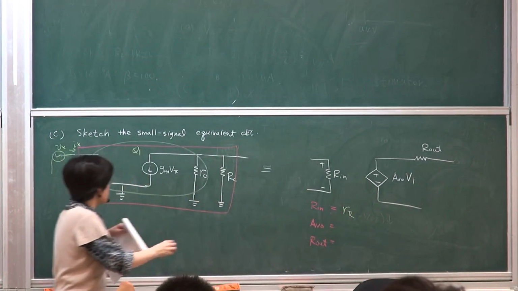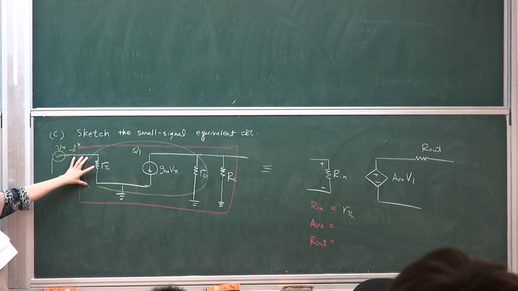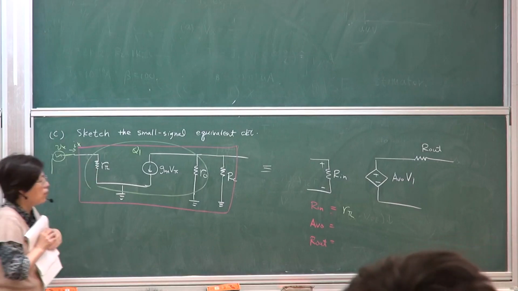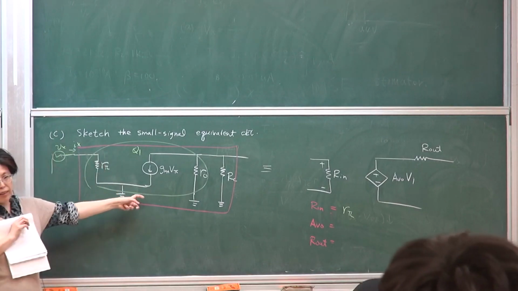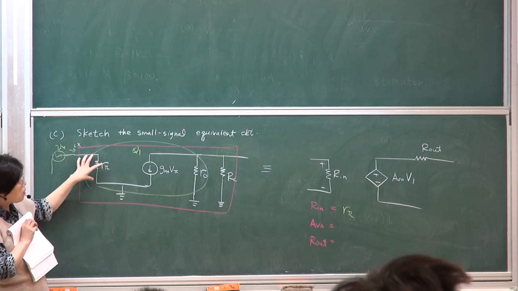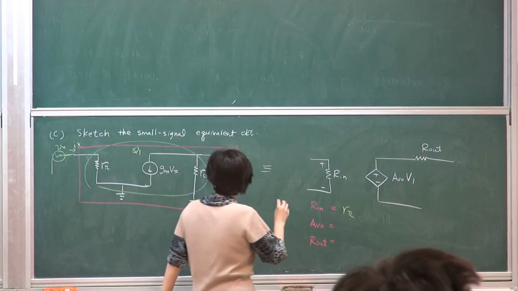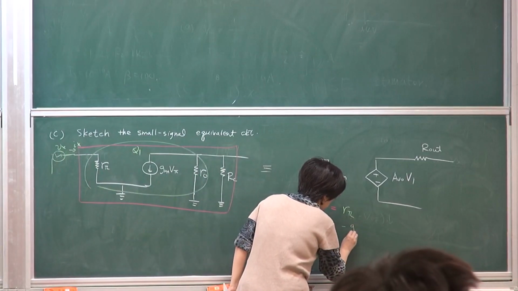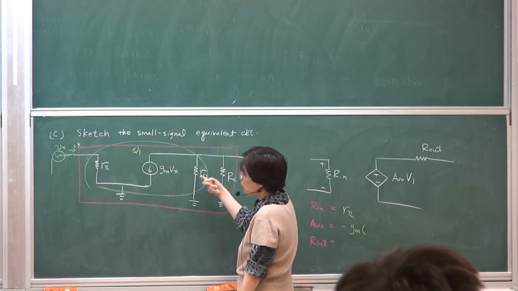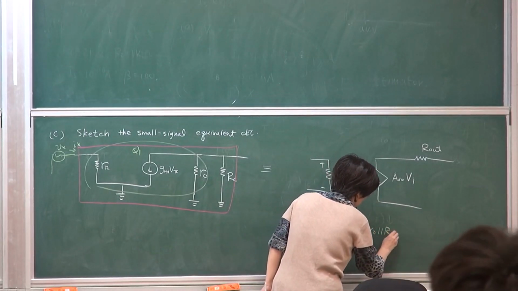If you actually do this exercise, you will find out it's simply this, because whatever you apply will simply modulate the current across here. So what is the gain? You set this to ground, and the gain is simply input and output when the output is open. You can do the exercise on your own, but the gain will simply be gm times whatever you see at the output terminal, which is RO in parallel with RC.